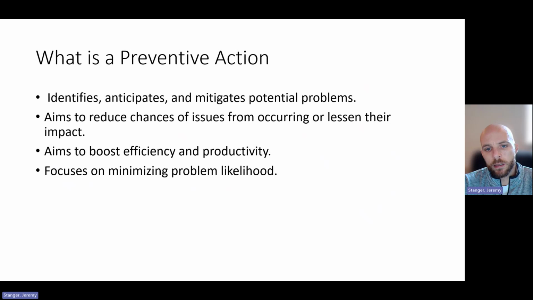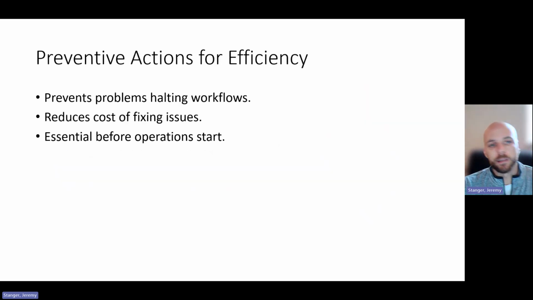Focus on minimizing problem likelihood. Again, a proactive mindset focuses on minimizing a problem that could occur, and being more efficient because you've anticipated certain problems and implemented certain actions to help mitigate that problem from likely occurring.